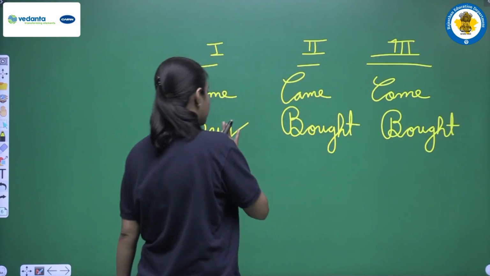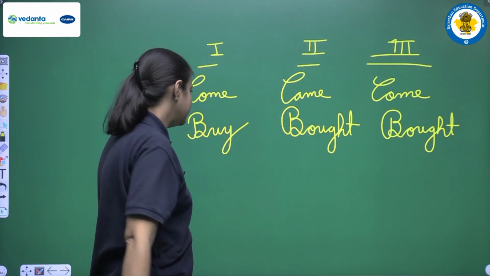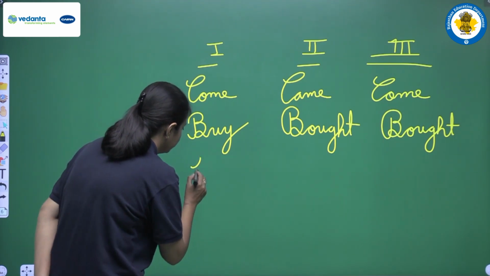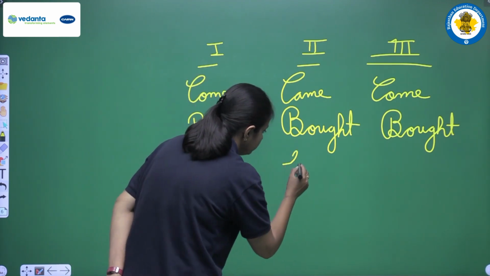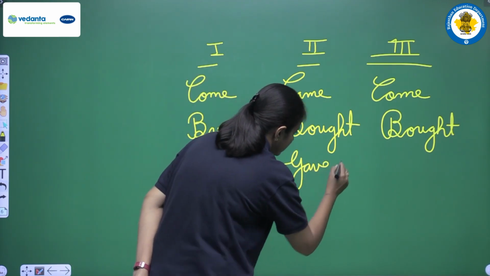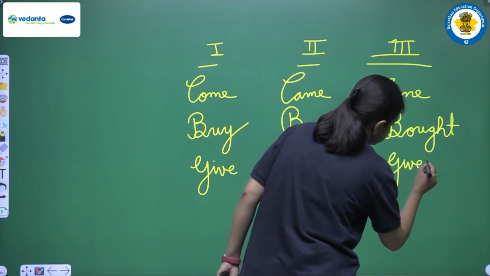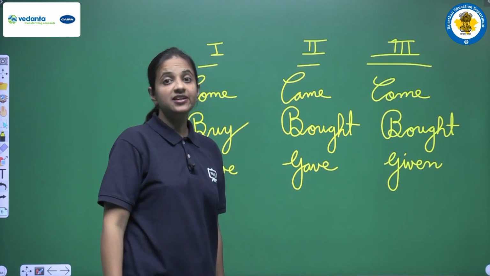So we can say buy, bought and bought. Clear? Next let's take one more example. Suppose we are having give. So second form will be gave and the third form is given. Okay, so this is give, gave and given.